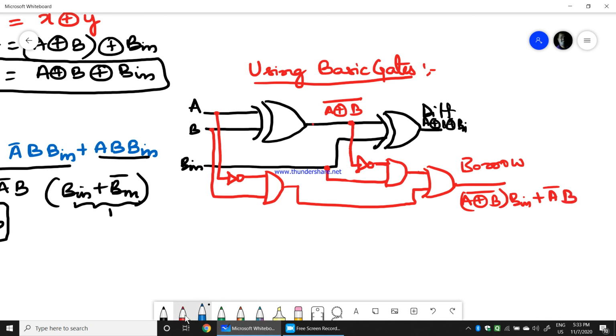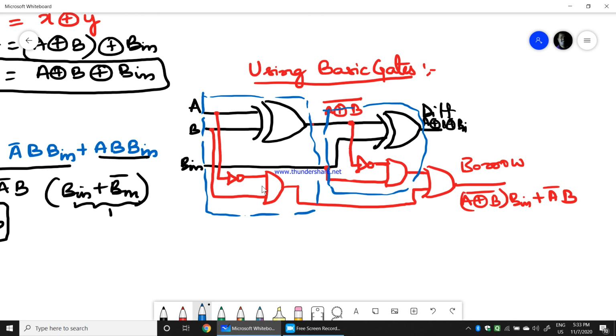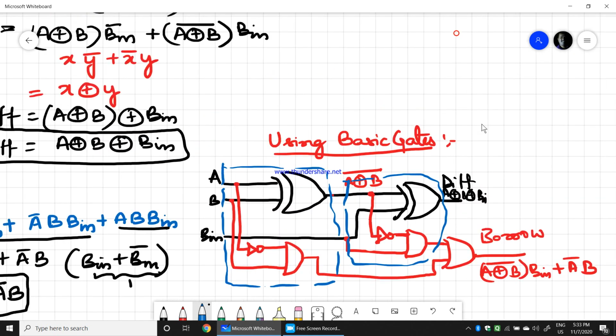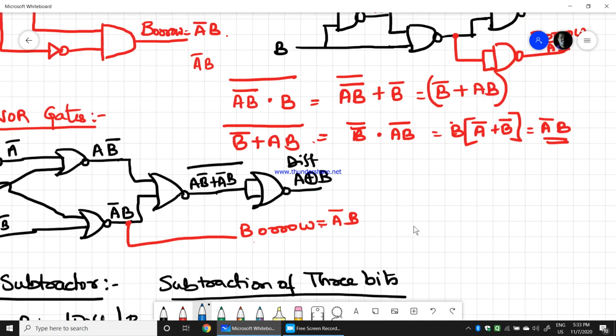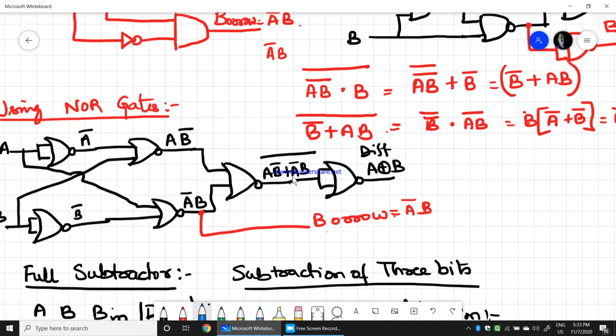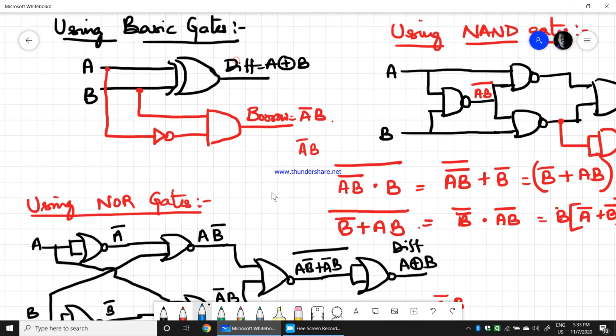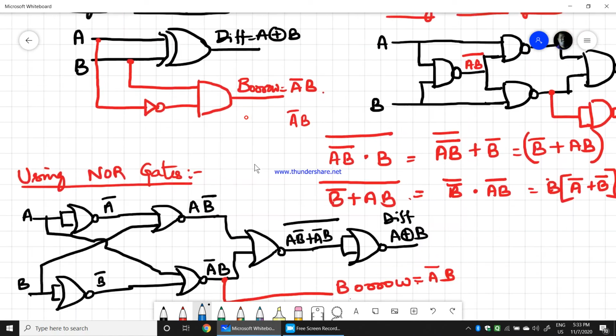Now like in the full adder, here also in a subtractor, you have one combination of XOR gate with NOT gate and AND gate, and another combination of XOR gate with NOT gate and AND gate. If you go back and see the half subtractor diagram, the difference is an XOR with NOT and AND.